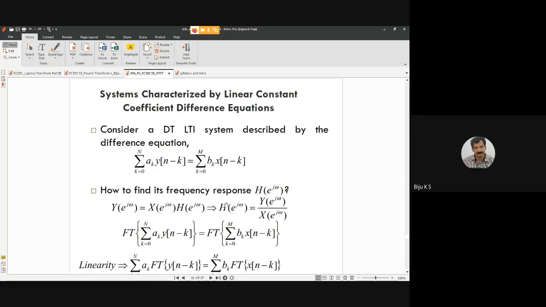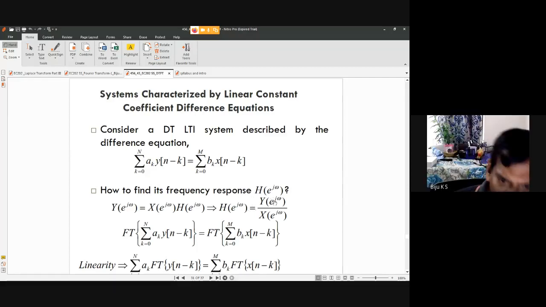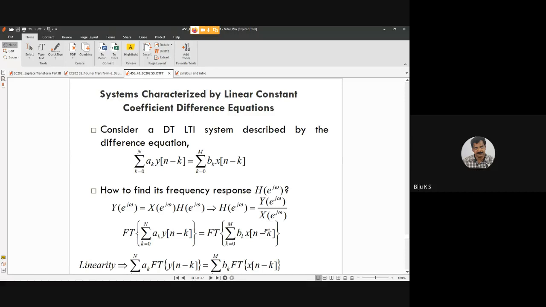So H(e^{jω}) is equal to Y(e^{jω}) by X(e^{jω}). So the frequency response of this system can be obtained by Y(e^{jω}) by X(e^{jω}). For that, we take the Fourier transform of both sides.